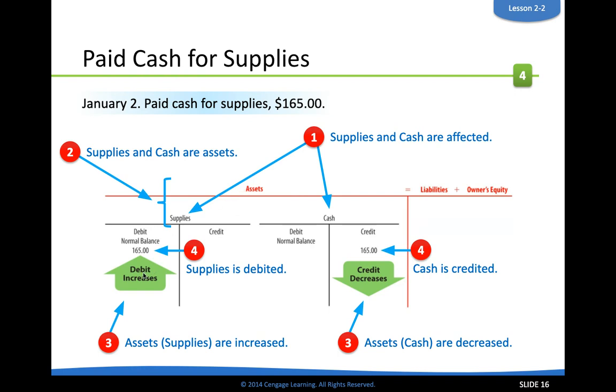So debits increase by 165. To cancel this out so that both sides of the accounting equation are still equal, now we have to credit the cash account, decrease that by $165. Okay, now after this, we still have balance between our accounting equation, assets still equal liabilities plus owner's equity.